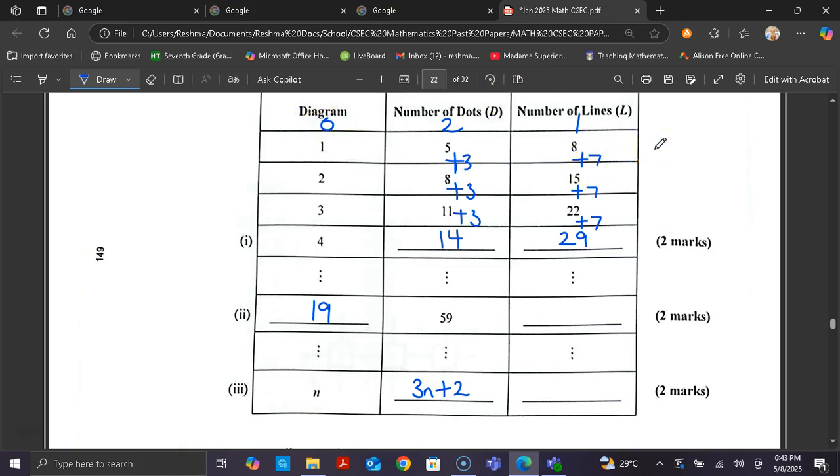So therefore, in terms of n, the number of lines would be 7n plus 1. And therefore, the number of lines when n is 19 would be 7 times 19 plus 1, which gives 134.